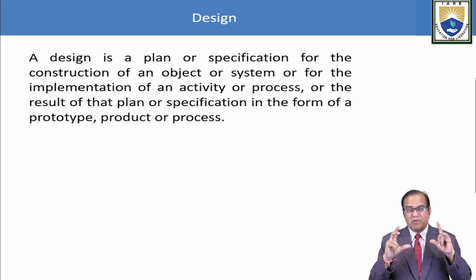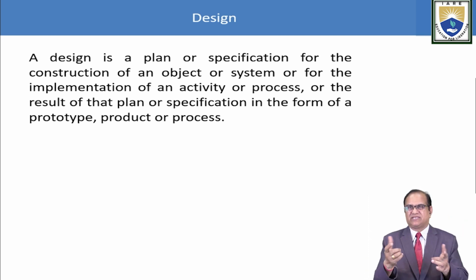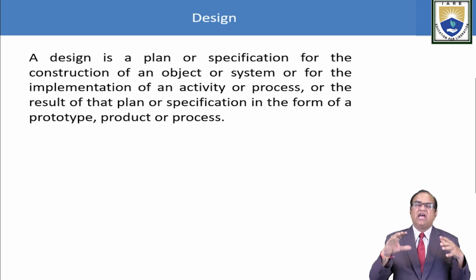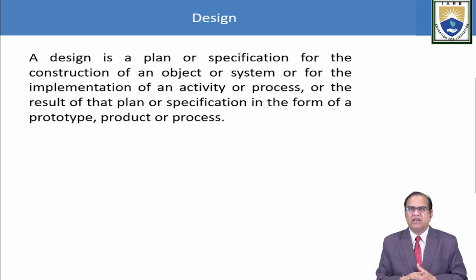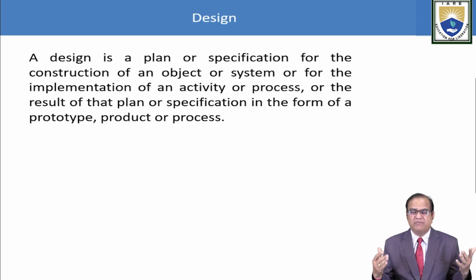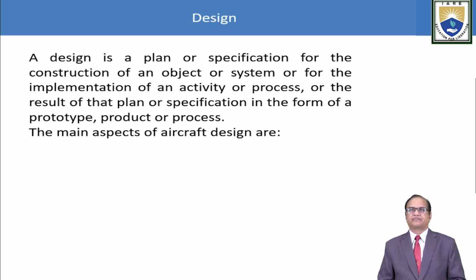We have to plan it out and give some dimensions: how much size, how to make it, and how to implement this plan. Also, what are the specifications of the product, and how to make the product prototype, and so on.